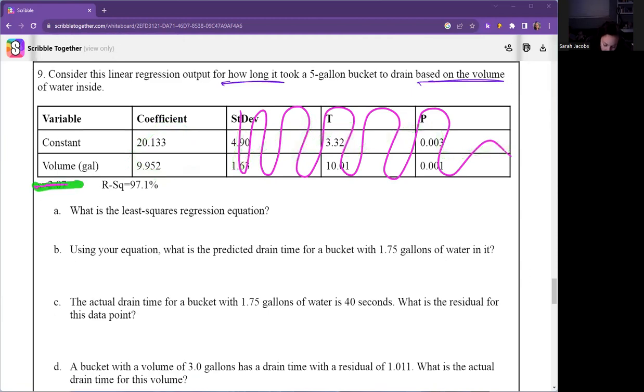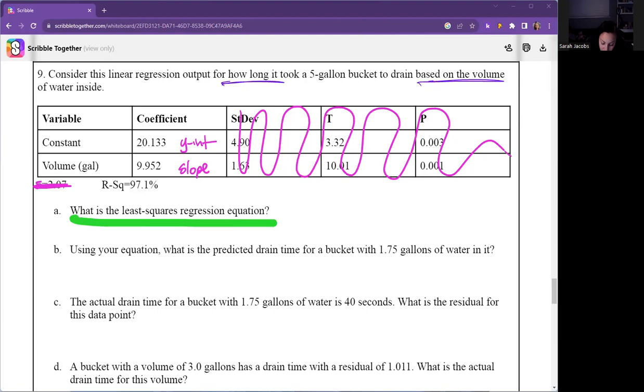This S you also don't want right now. This might come up, so leave that, but it's not part of your regression equation. In this, you're going to have your constant. That is your y-intercept. And whatever is with your variable, if there's an x there, that is your slope.